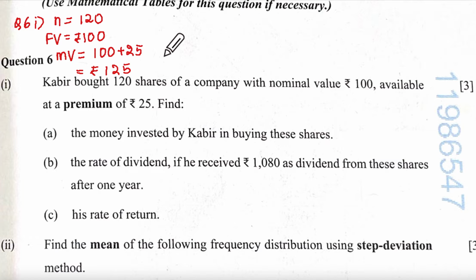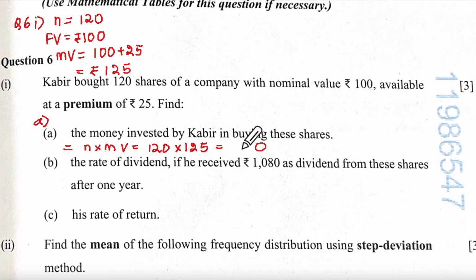Find the money invested. So I would write A as the money invested by Kabir in buying shares equal to, I'm just using this, you will have to write, but I'm saving on time, the number of shares multiplied by market value, which means it is 120 multiplied by 125.